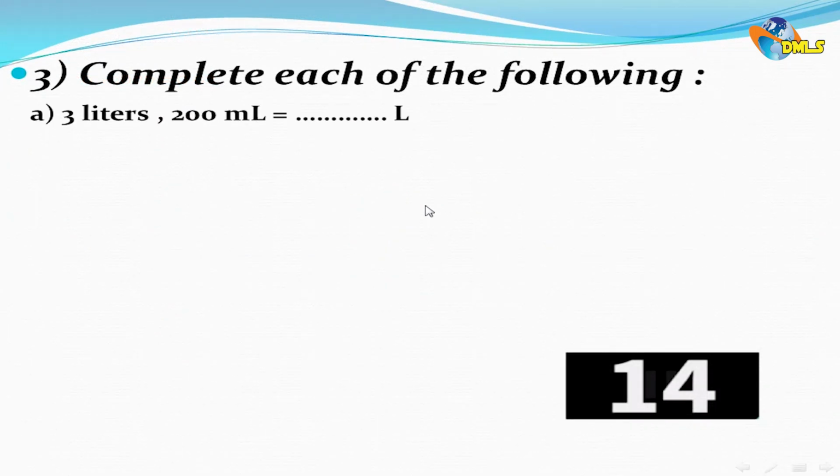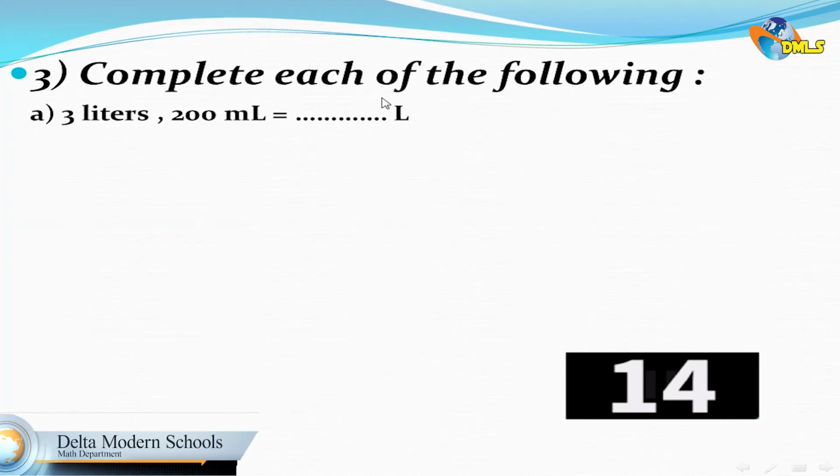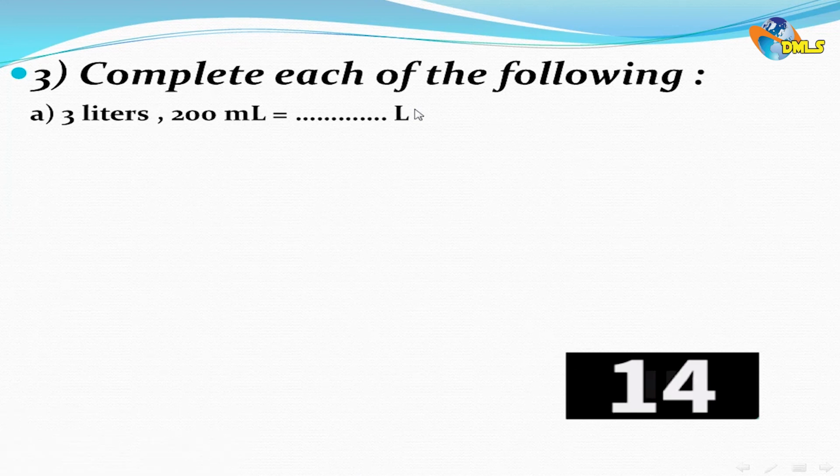Complete each of the following. A, 3 liters and 200 milliliters equal how many liters? In this kind of question, we have to look at the end of the example to see which unit I have to use. Here I have to use liters, so I convert milliliters to liters. How can I convert 200 milliliters to liter?